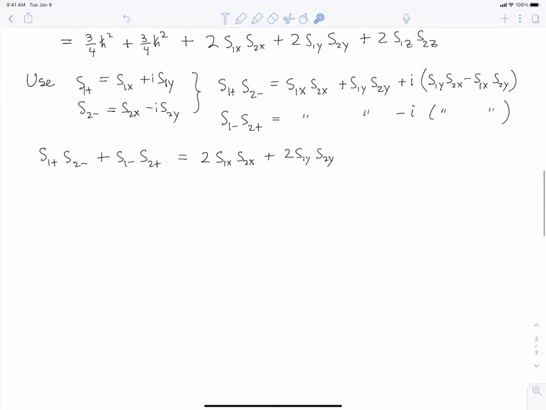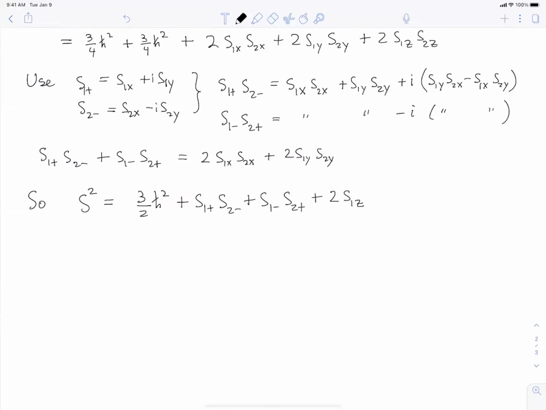Okay, so summarizing all of that, S squared is 3/2 h bar squared plus S1 plus S2 minus plus S1 minus S2 plus 2 S1z S2z.